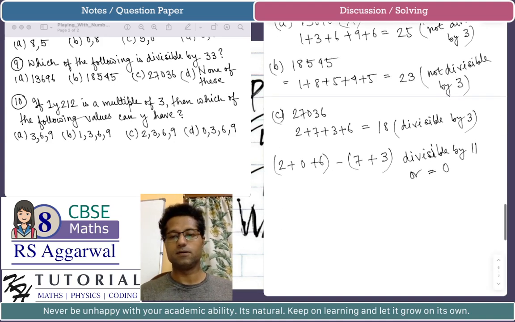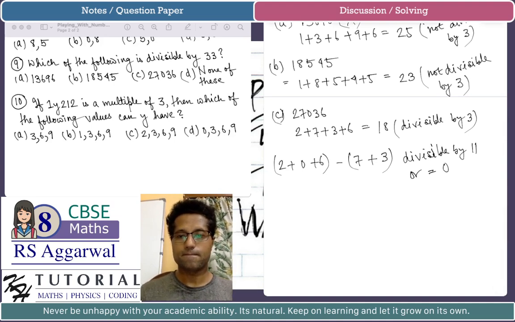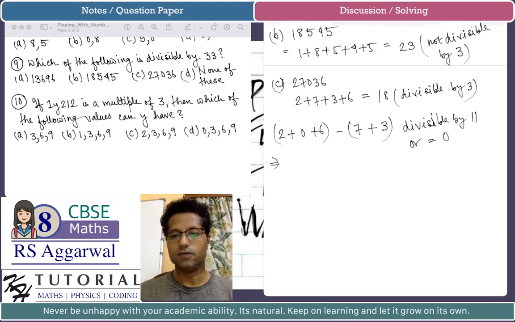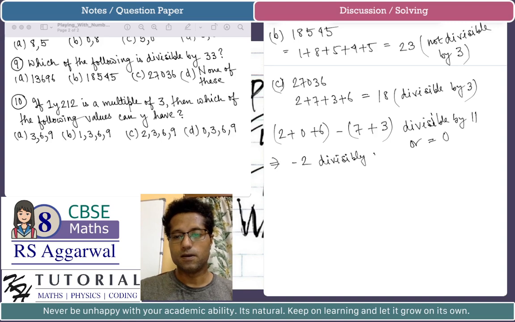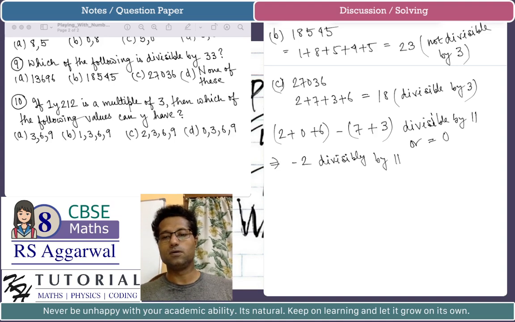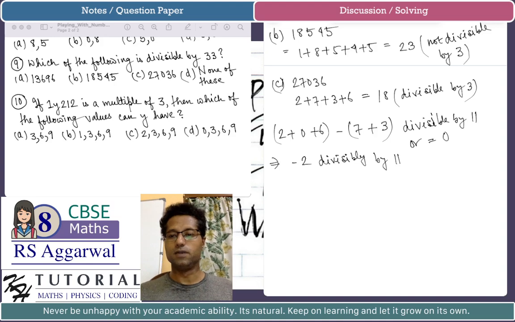Then we can say that this number 27036 will be divisible by 11. Now the value is 8 minus 10, that is minus 2. Minus 2 has to be divisible by 11, or it could be 0.